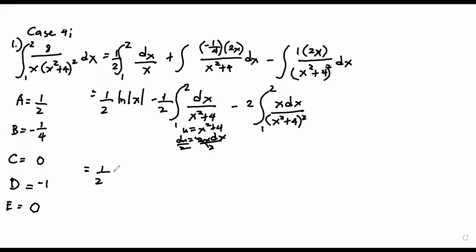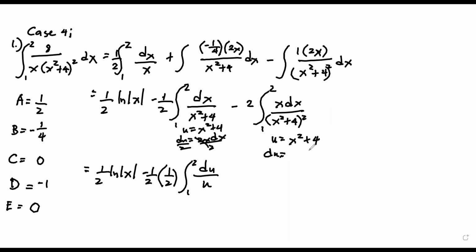So we will have 1/2 ln absolute value of x minus 1/2 times 1/2 integral of du over u from 1 to 2. And here, if we let u be equal to x squared plus 4, the derivative of u is 2x dx. Divide both sides by 2.